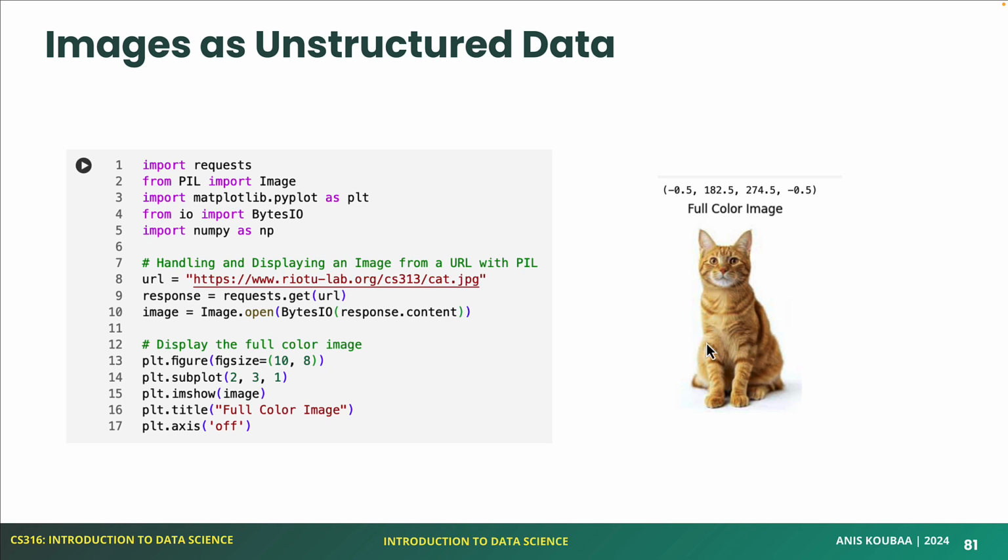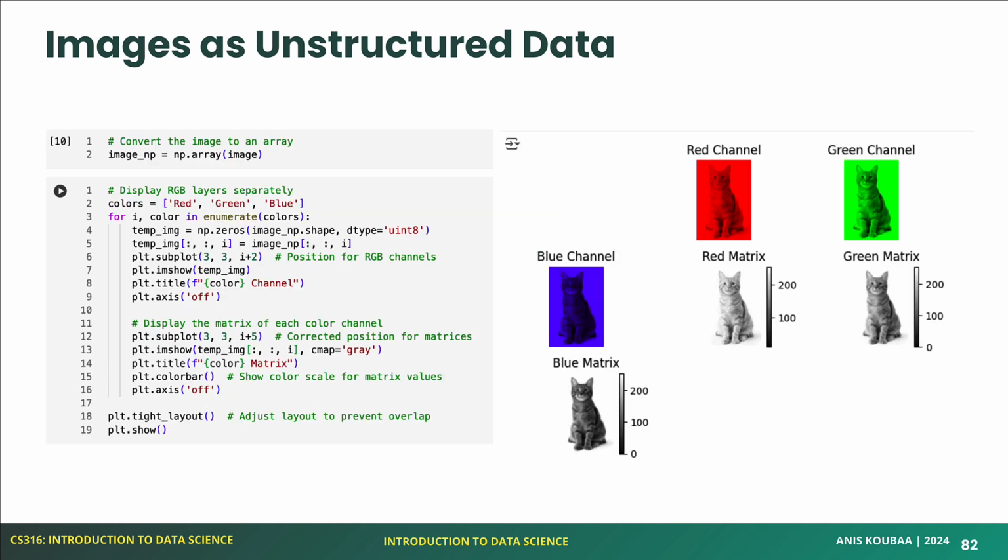All of us can see that this is a cat picture. But what is exactly this cat picture from a data structure perspective? You all have taken a data structure course. So basically this picture is going to be mapped into three two-dimensional matrices. One represents the blue color, or the blue channel.